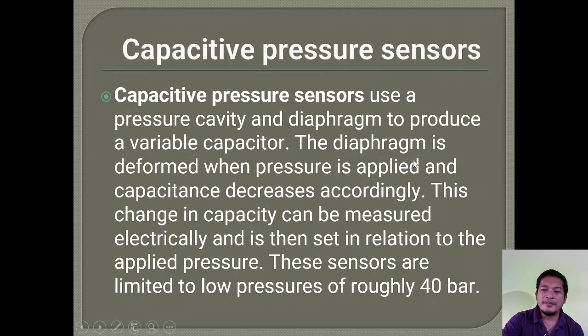The diaphragm is deformed when pressure is applied and capacitance decreases accordingly. This change in capacity can be measured electrically and is then set in relation to the applied pressure. These sensors are limited to low pressures of roughly 40 bar.